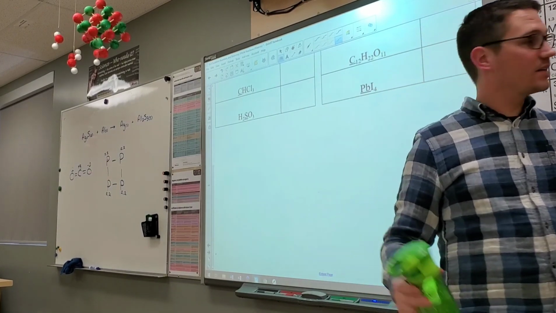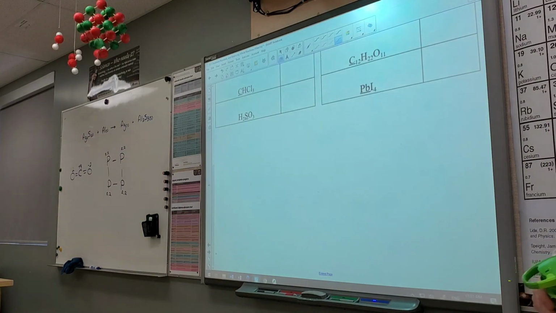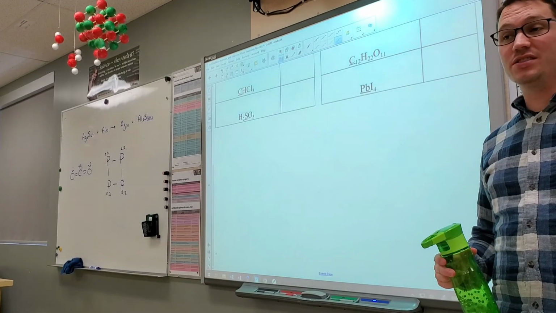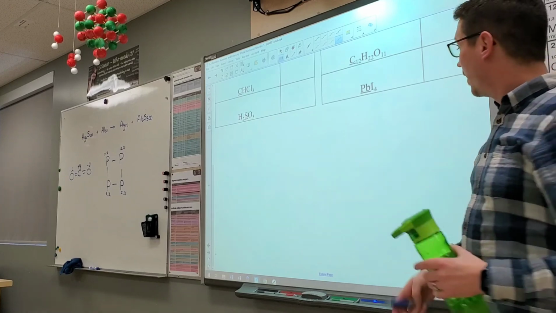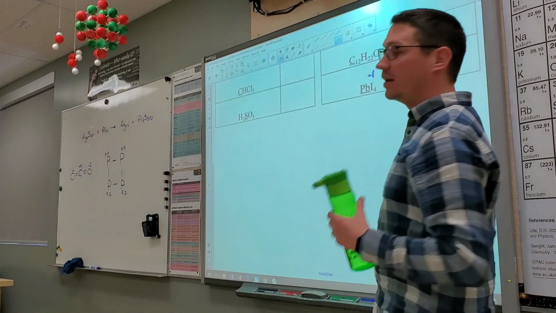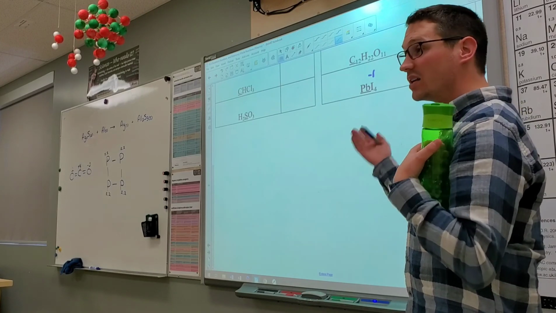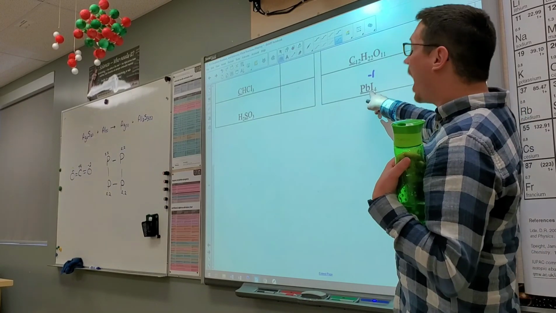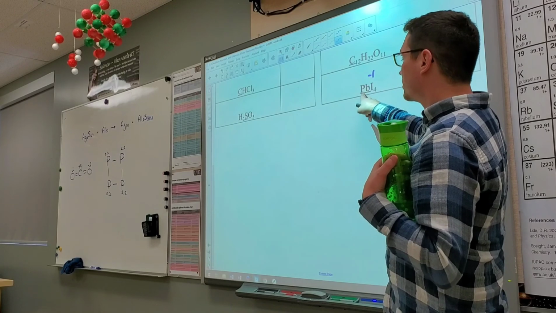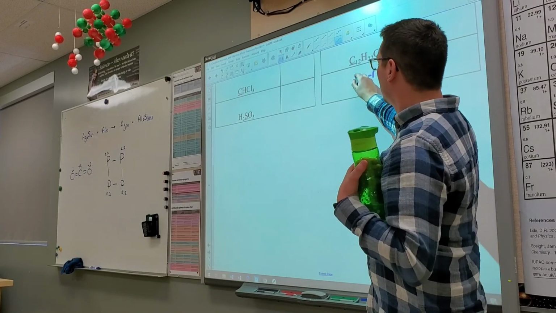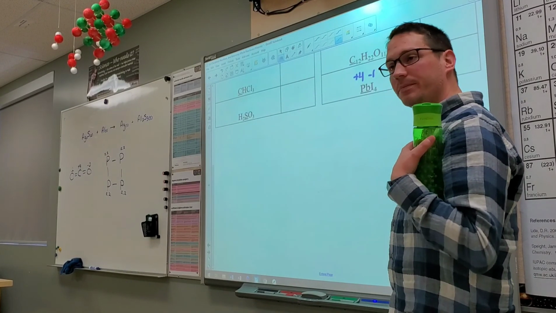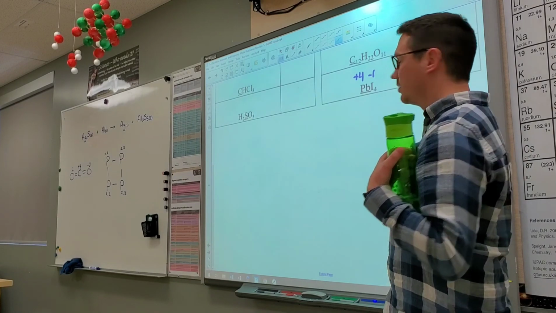So that kind of sucks because we don't know what the charge is on lead. But you do know what the charge is on iodide. The iodide has to be -1. That's what an iodide ion is. So when I look at that ion, the ion charge is -1. So what does the lead have to be? +4. Is that okay?